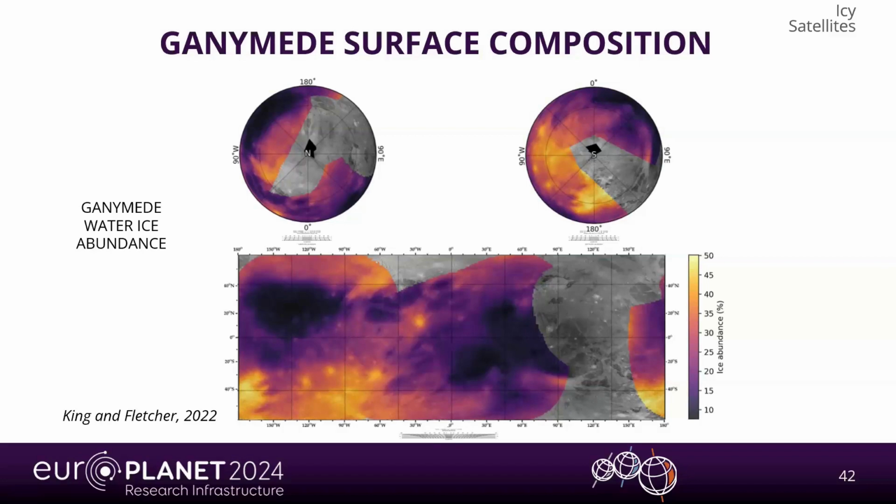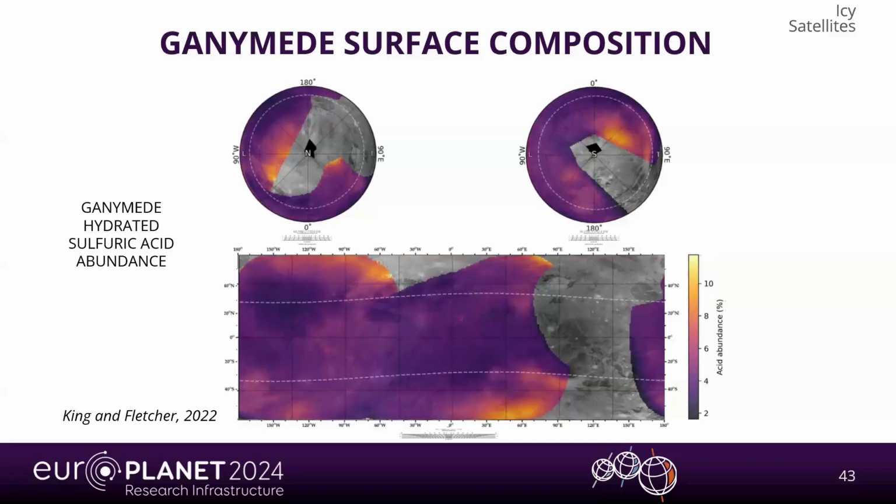While the occurrence of water ice is low at the dark terrains that are composed of low albedo material whose nature is still unknown. But the surface of Ganymede shows also other components, and thanks to spectral models, it has been possible to estimate also abundances of, for instance, acids, salts, and spectrally flat darkening agents.